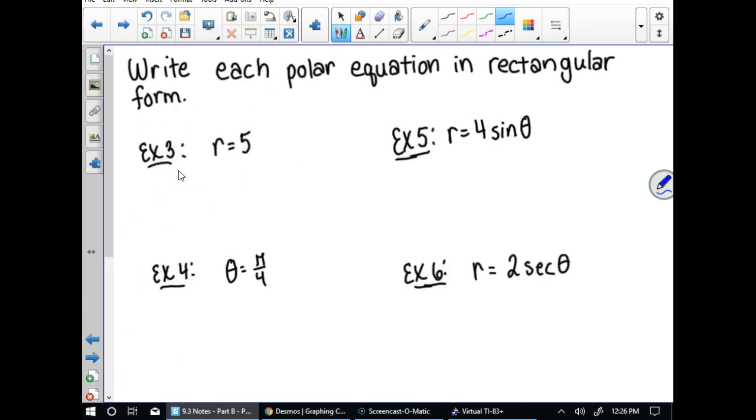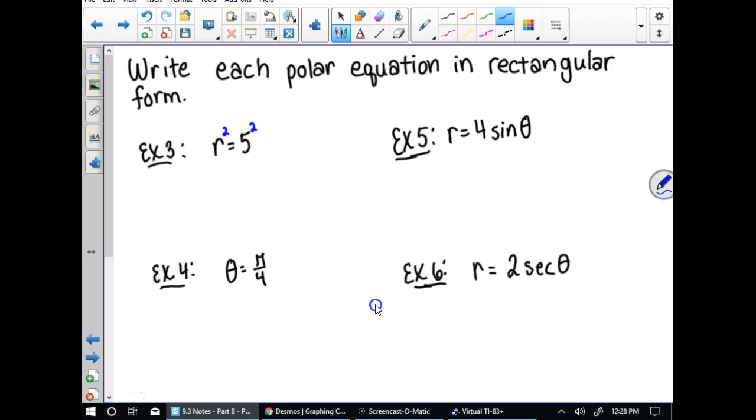Here are a few that we're going to look at. I'm going to give you a second to copy those down. For example 3, this is like the problem we already had. r equals 5. That's going to be a circle with a radius of 5. So I would square both sides here.